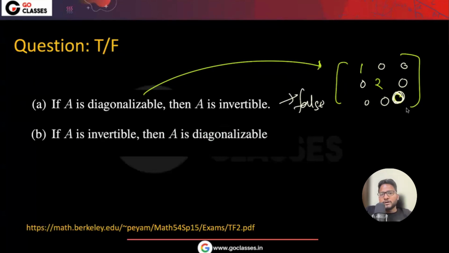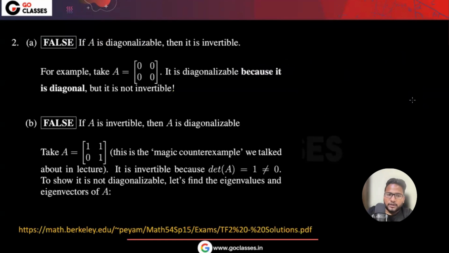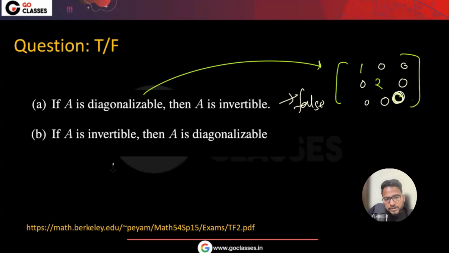If it is invertible, then it is diagonalizable. Any example of invertible and not diagonalizable, something like that? So actually, this is also false. Let me just tell you the example. For example, this is the matrix.